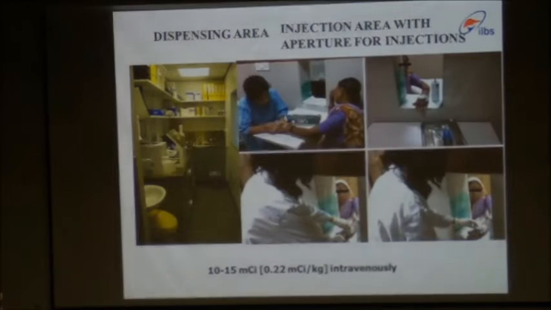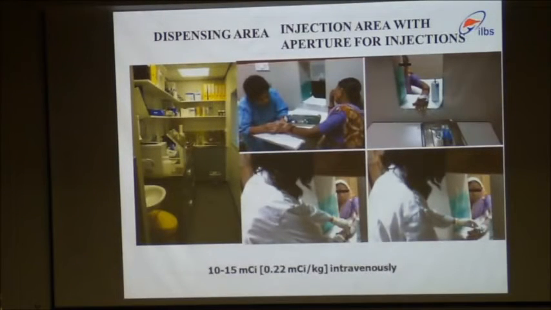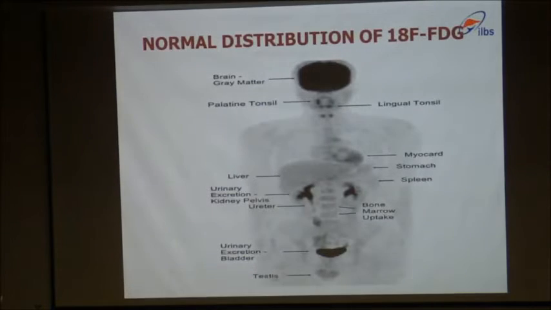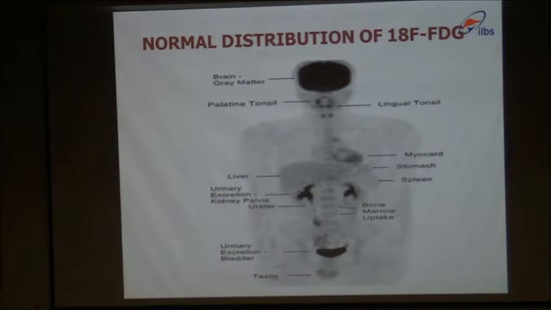This is our hot lab where we inject the dye, taking all precautions regarding exposure to the worker as well as to the patient. This is the normal distribution of the FDG, the physiological uptake.